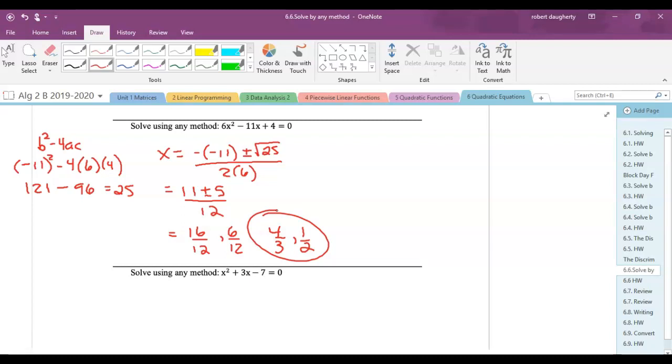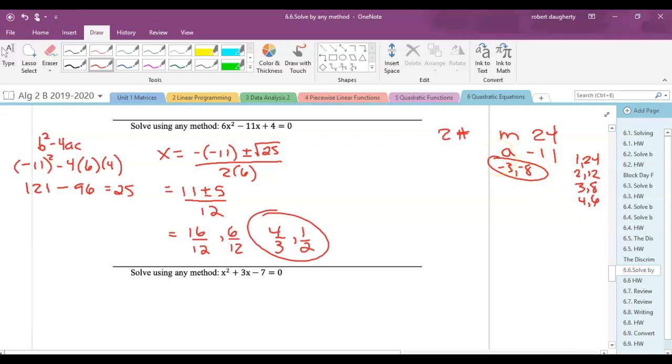Now, if I were to factor it, I would need two numbers that multiply to give you 24, and they add to give you negative 11. So what numbers can multiply to give you 24 and add to give you negative 11? The factors of 24 are 1 and 24, 2 and 12, 3 and 8. So it's going to be negative 3 and negative 8.